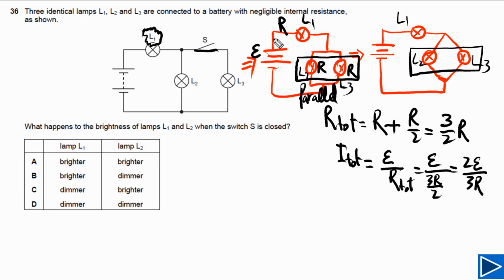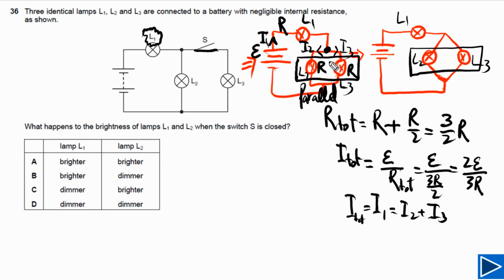Now let's say the current coming from this power supply is I1, and at this junction the current will split into two parts. Let's say I2 passes through L2 and I3 passes through L3. So I1 is equal to I2 plus I3. The total current I total is equal to I1.